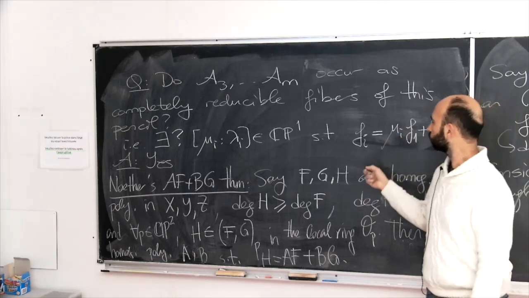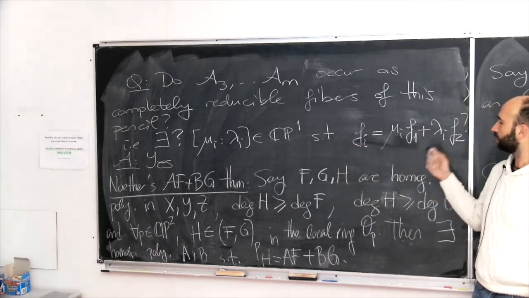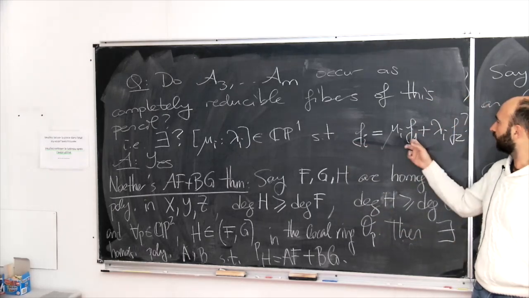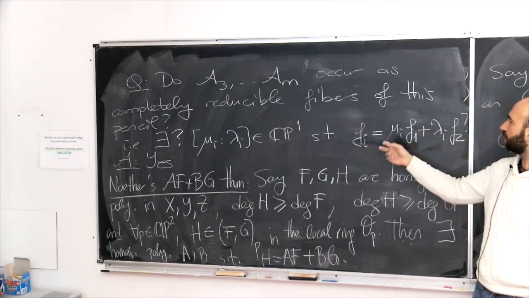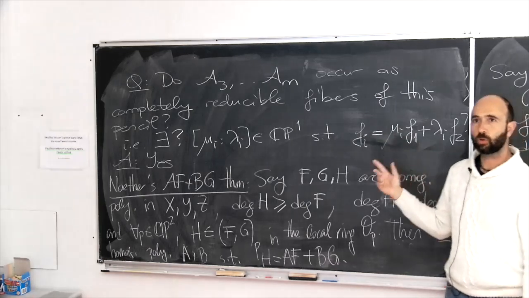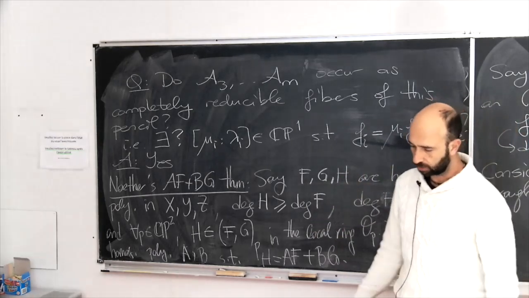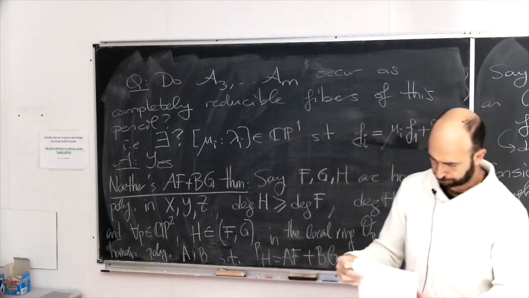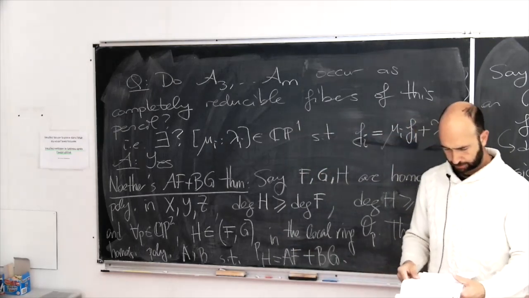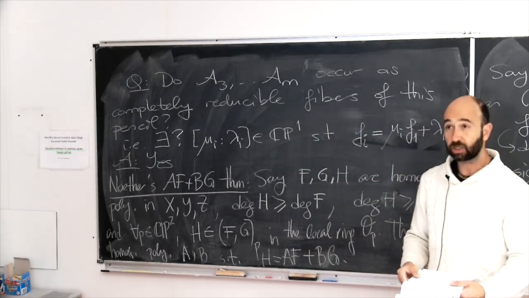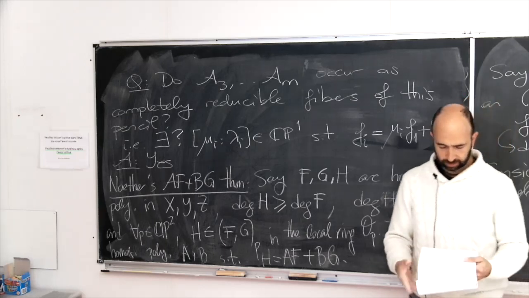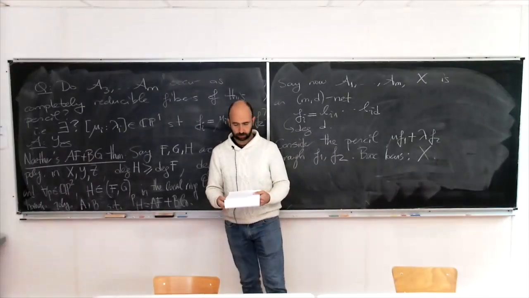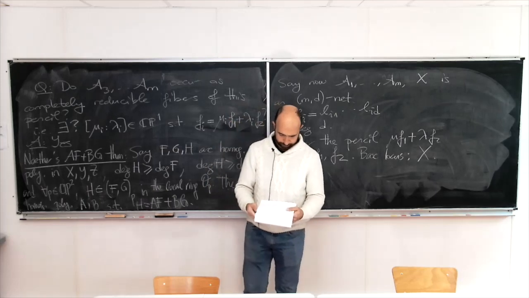So the only condition for Fi to be in the ideal generated by F1 and F2 is that it vanishes at the base locus. So that's the connection between the theorem and our setup. Okay, so this discussion tells us that there's a very close connection between nets and pencils of curves.